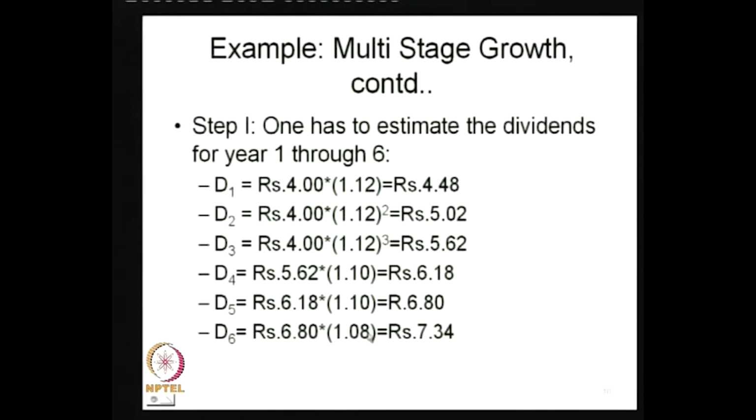Then we have D6, which is 8% growth upon D5, 6.80, so it becomes 7.34. In fact, this D6 is going to be used to find out the terminal value at the end of the 5th period. That is why D6 has been found, because D6 onwards is a stable growth model which will give a terminal value at the end of the 5th year.